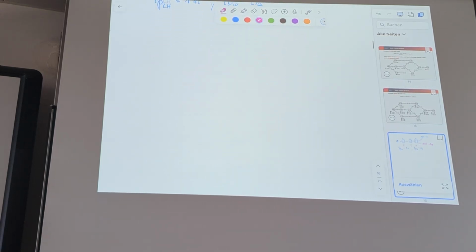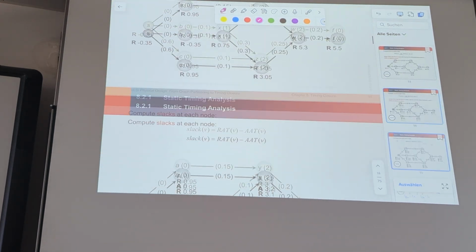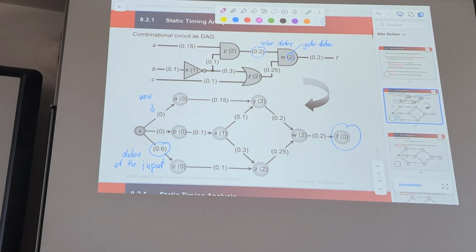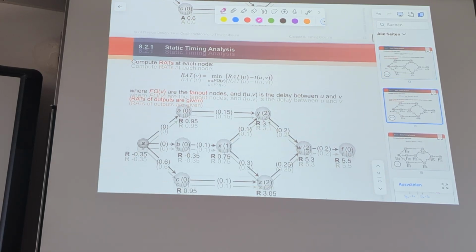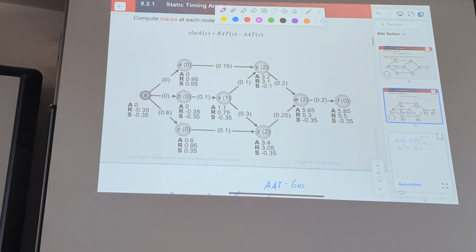Okay, there is the next thing here in the slides, or in chapter 8 from Kang, and that is the relation of the static timing analysis to placement and routing, because what he wants to figure out is, if I have such a circuit... Yeah, okay.